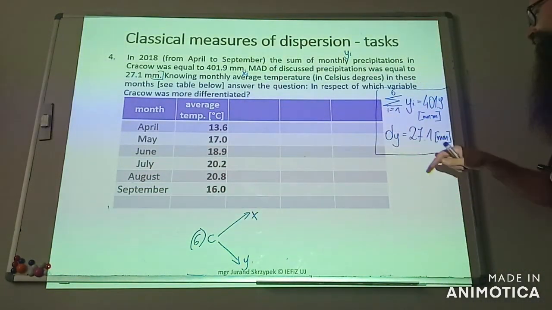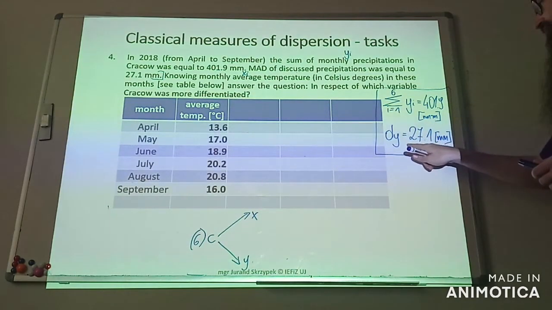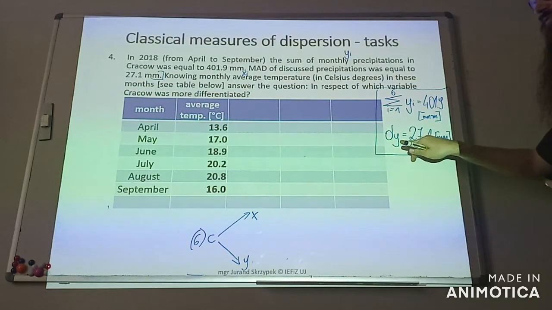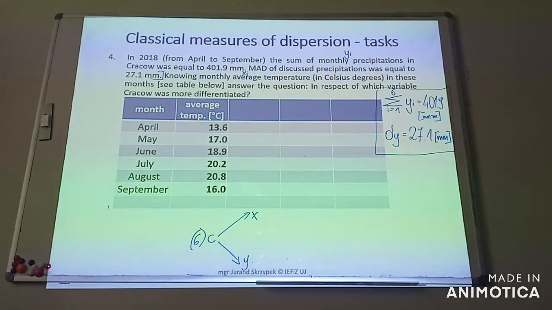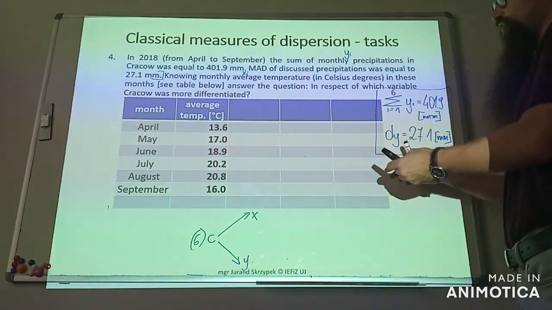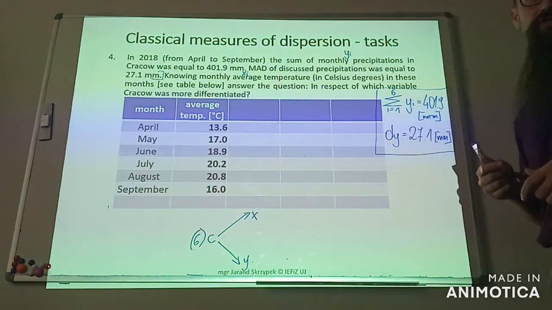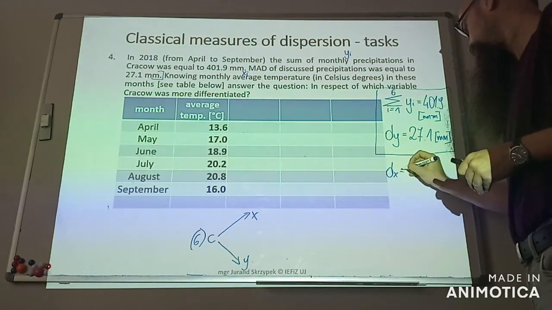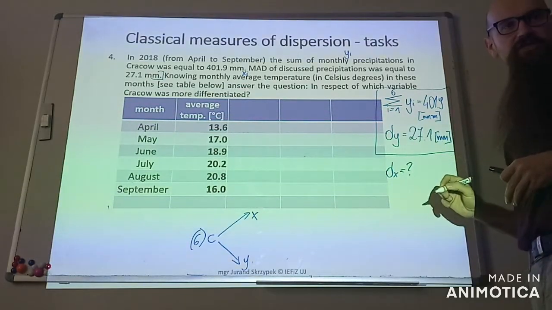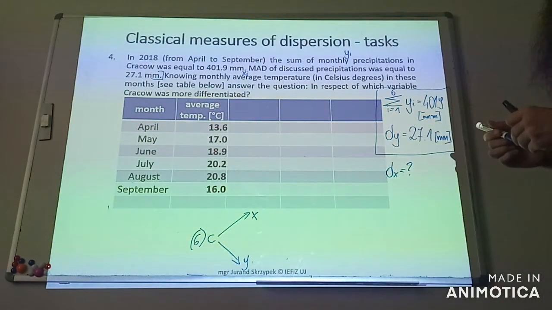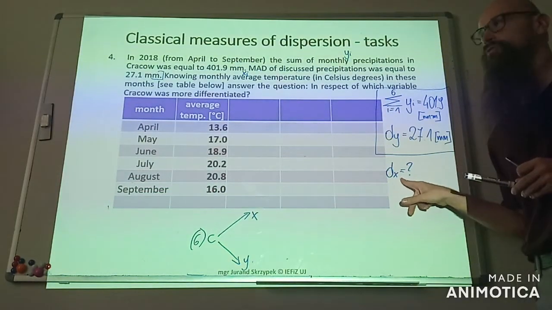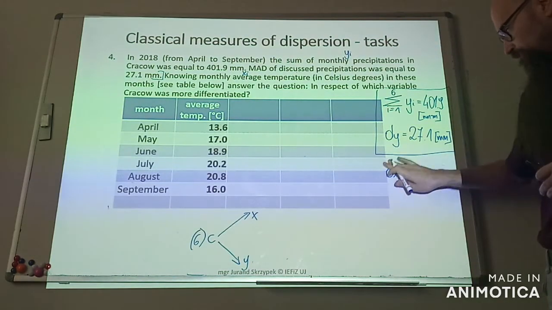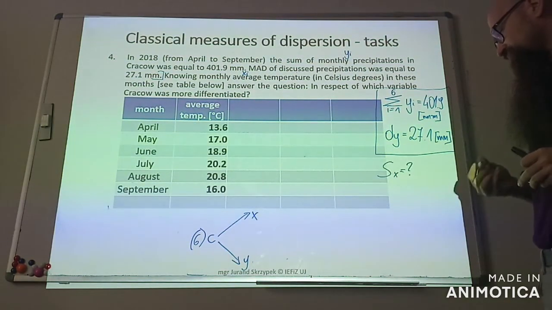The task content indicates that we should use mean absolute deviation and coefficient of deviation in order to compare the differentiation between the variables. So we should also compute the same measure, mean absolute deviation of monthly average temperature.